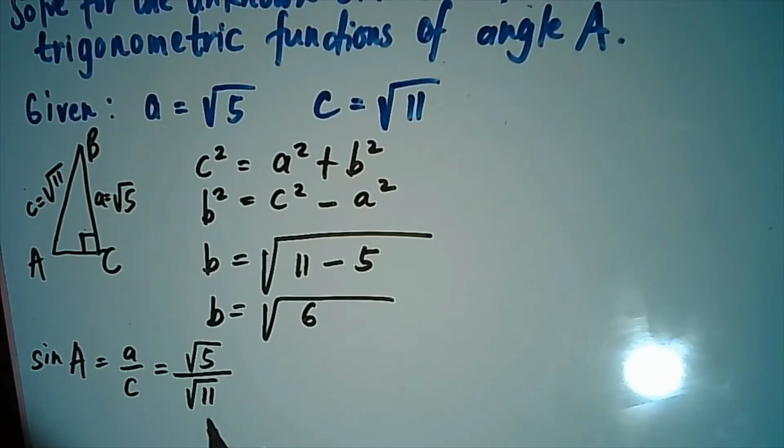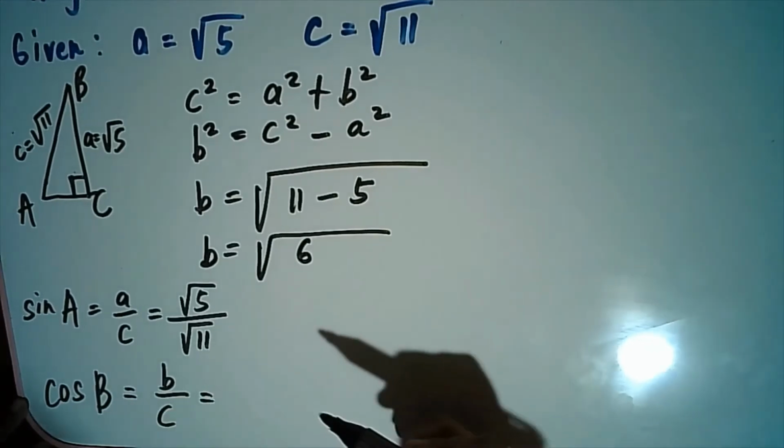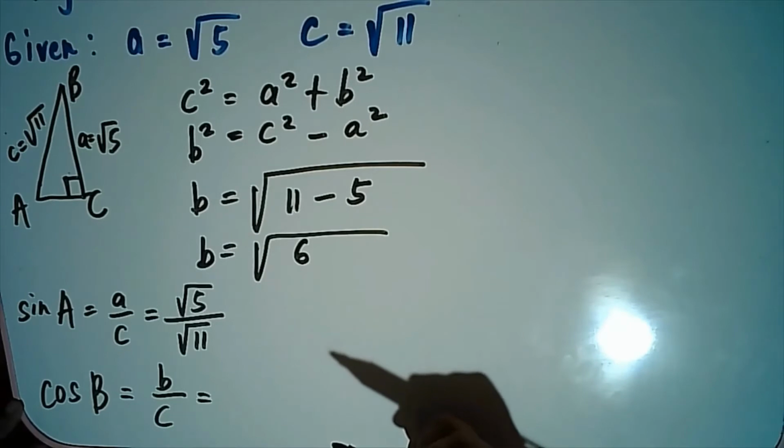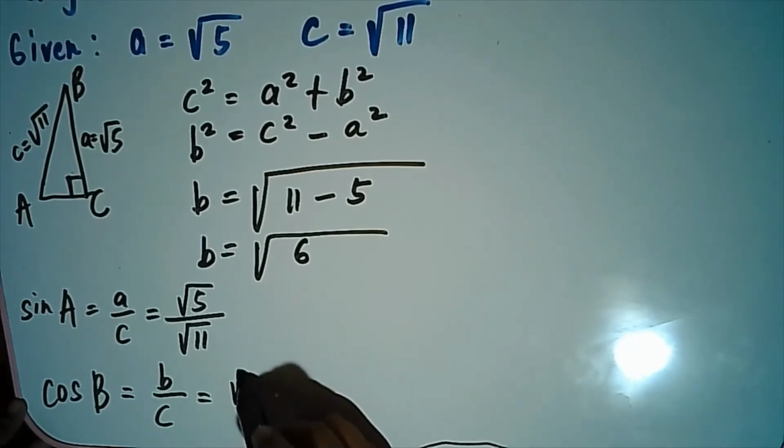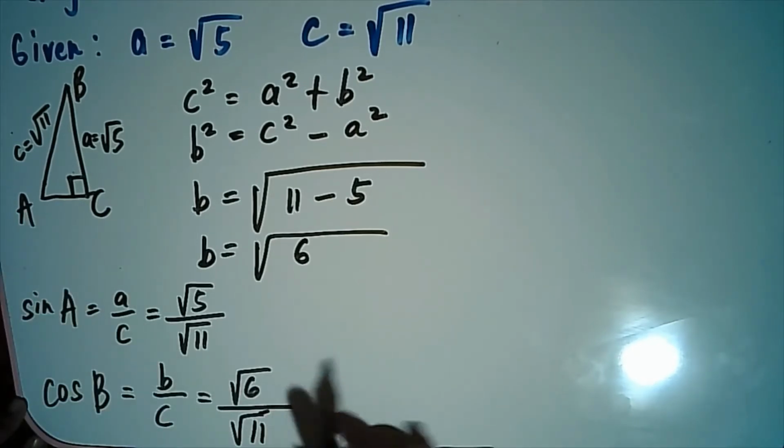But for now, let's retain this answer with radical in the denominator. And then cosine is equal to B over C, which is equal to square root of 6 over square root of 11. So again, let's retain the radical in the denominator.